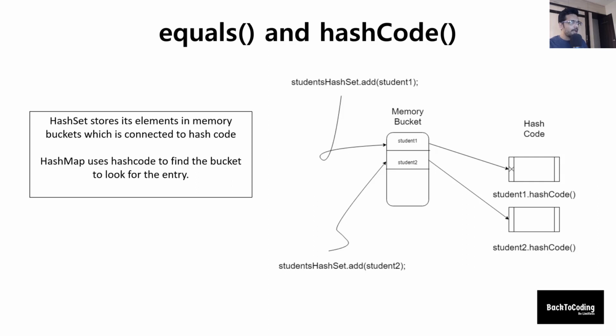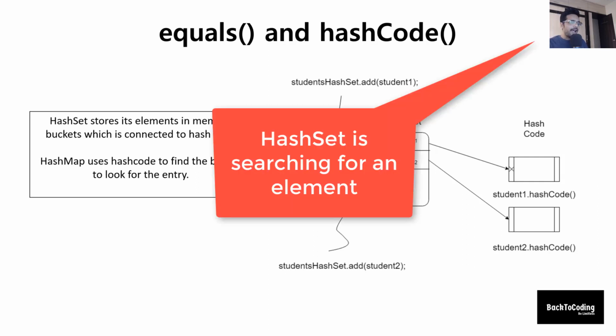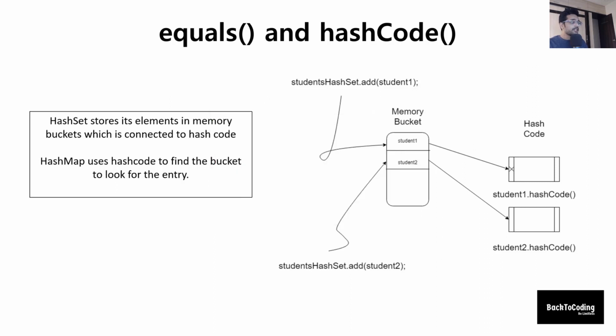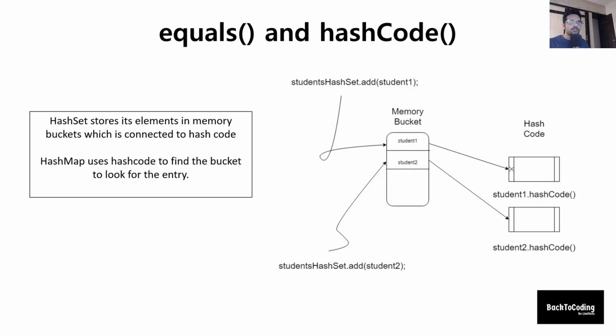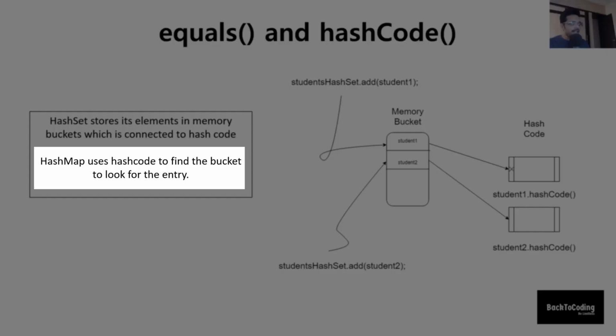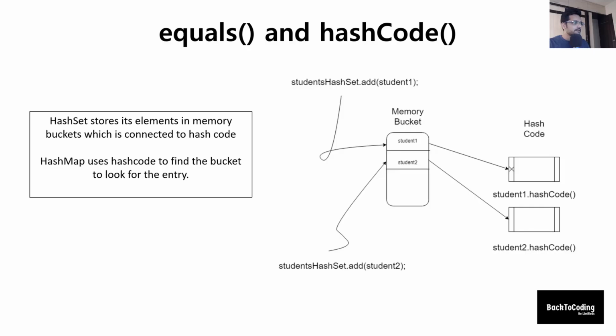What currently is happening with our code is that HashSet is searching for an element inside it. It first generates the element's hash code and looks for a bucket which corresponds to it. That's where the importance of overriding the hashCode method comes into the picture. HashMap uses hashCode to find the bucket to look for the entry. So let's quickly override it.